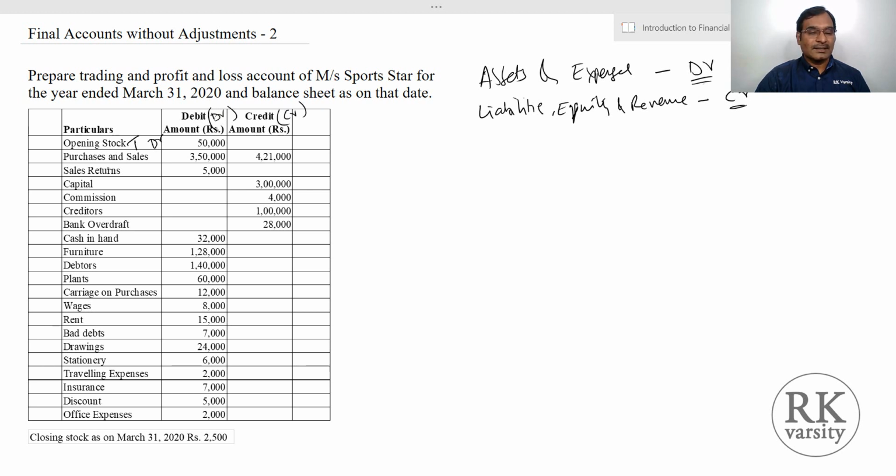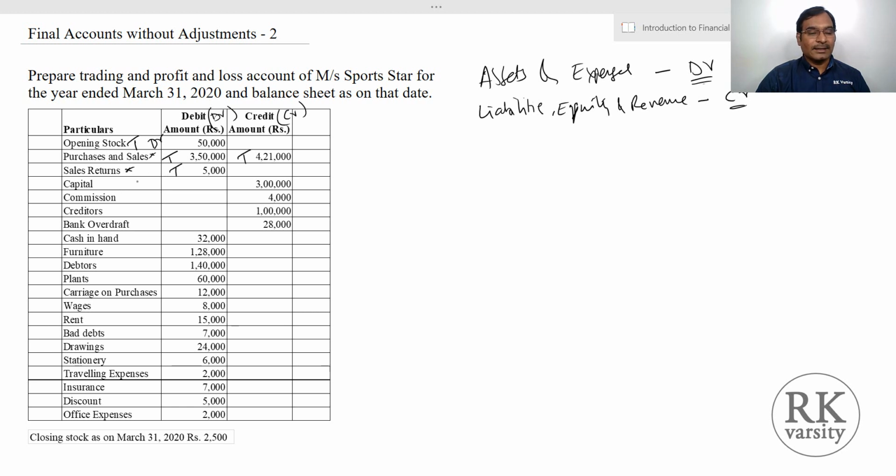Purchases is an expense, so trading account. Sales is a revenue, and this appears in the trading account. Sales returns, as you have sales here, put a star so that it has an adjustment, sales returns. Sales returns is shown in the trading account and adjusted with the sales.